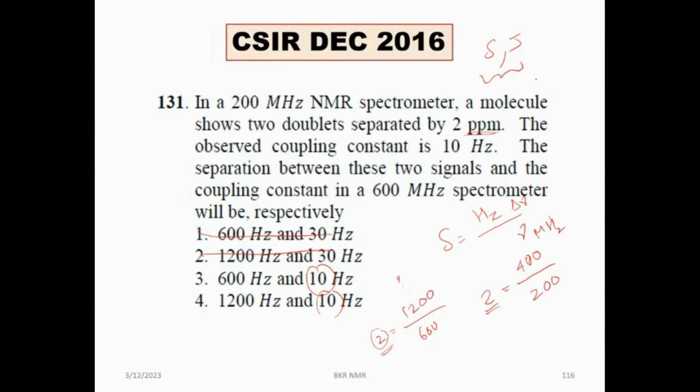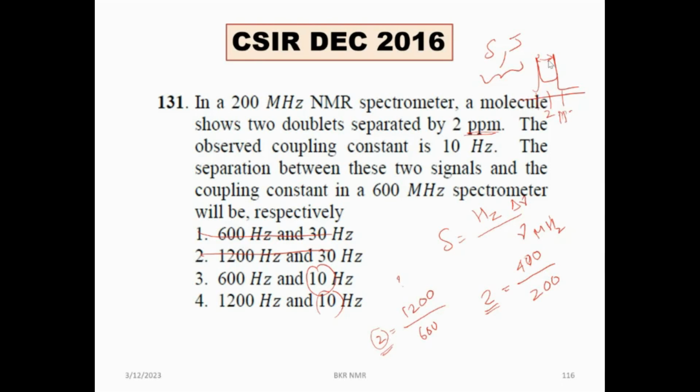So I get a doublet. What do they say about the delta value of the doublet? They say the separation is 2 ppm. If this distance, which is known as the coupling constant of the protons, will always remain constant. 10 hertz is 10 hertz, that's all. That will not change at all.